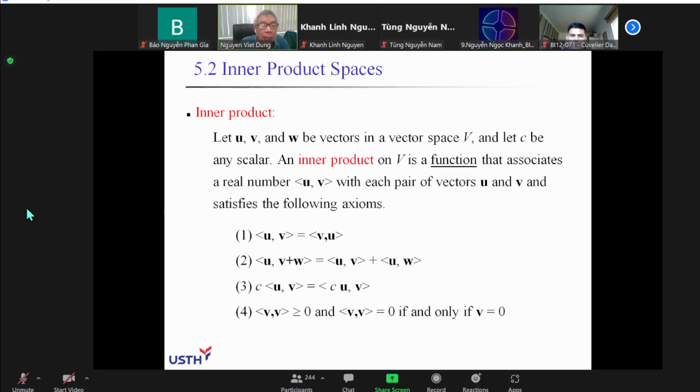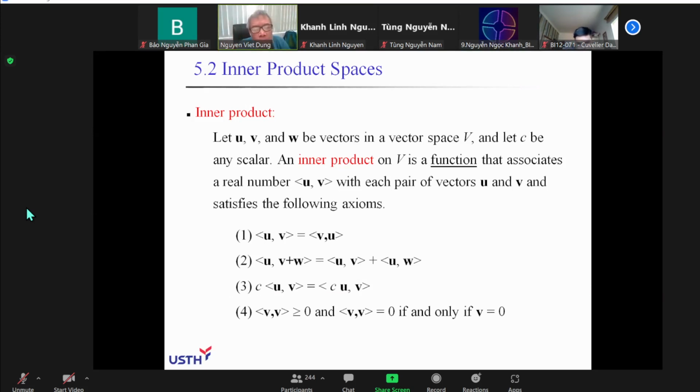It means that the inner product of v and v must be non-negative, and it equals 0 if and only if v is the zero vector. So you see, those 4 properties are exactly the same as the 4 properties for the dot product. Because of that, the first example of an inner product will be the dot product.